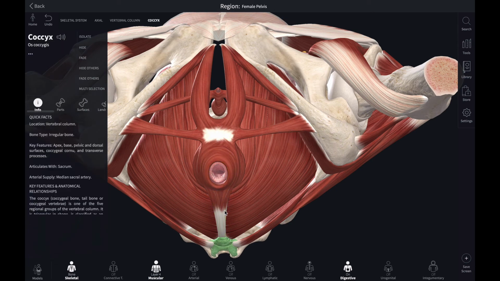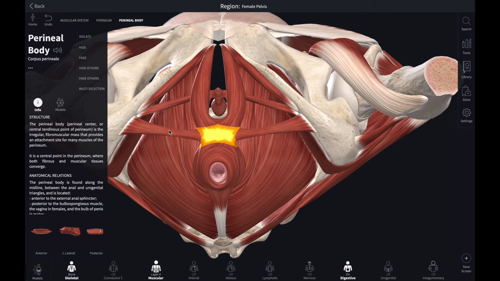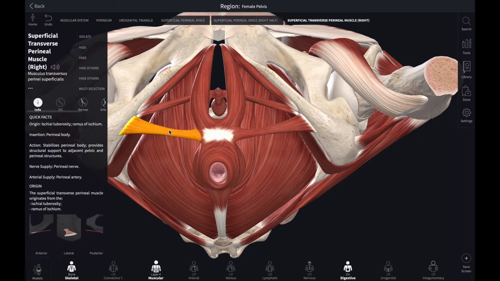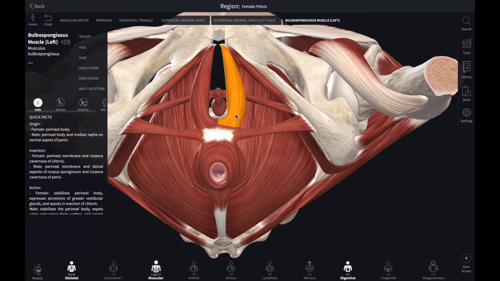This is the anococcygeal ligament, and this is called the perineal body, to which these transverse perineal muscles are attached. Now this is the bulbospongiosus in the female, and here is the opening of the vaginal orifice, and this is the opening of the urethral orifice.